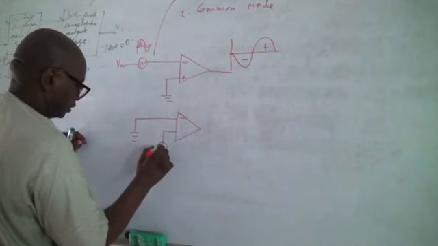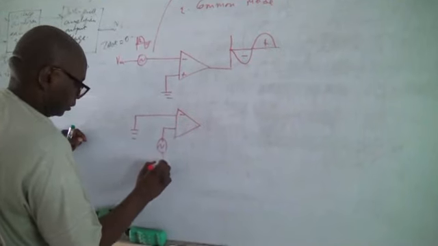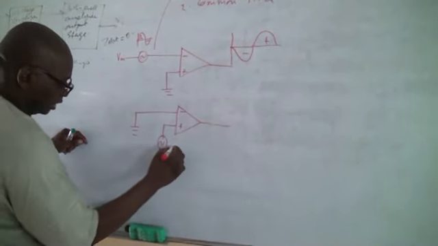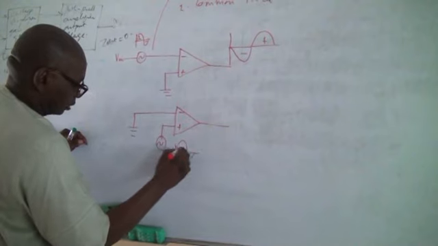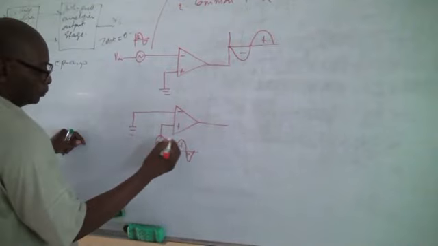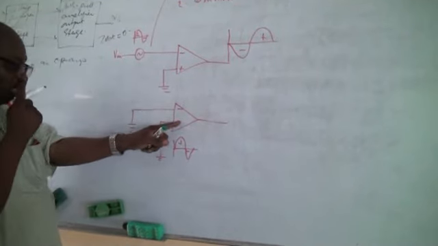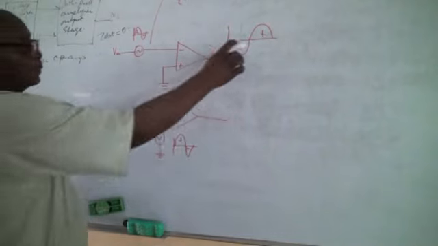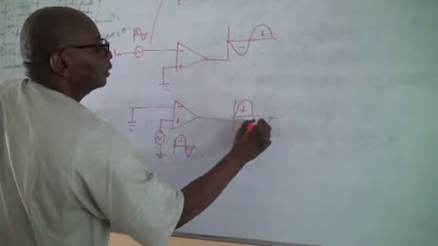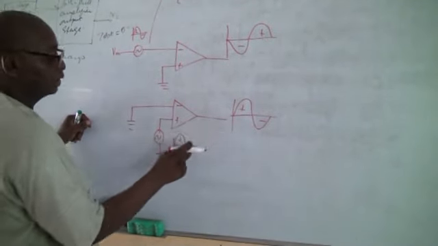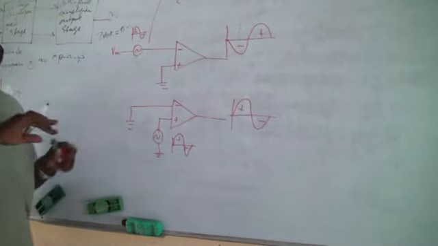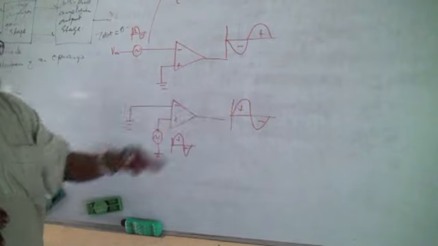Then the positive will now be the input signal, normally positive, negative, pointing here, because it's connected to the non-inverting terminal. The output is going to be in the same phase. Can you see the positive, positive, negative, negative? But here it was positive, negative, down. Can you see the effect of it? So this is how it behaves.